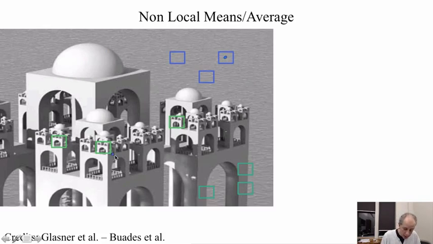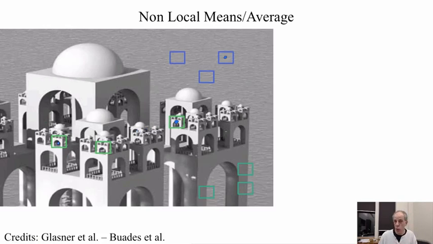Then, if you want to actually clean a pixel that is here, you look for similar neighborhoods to what's surrounding that pixel. You go around the image, you find a few, and you replace this pixel by the average of the centers of all the similar neighborhoods.